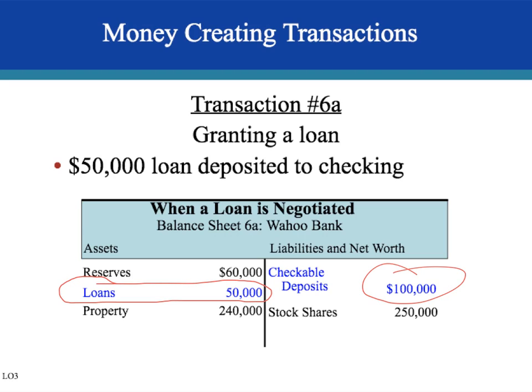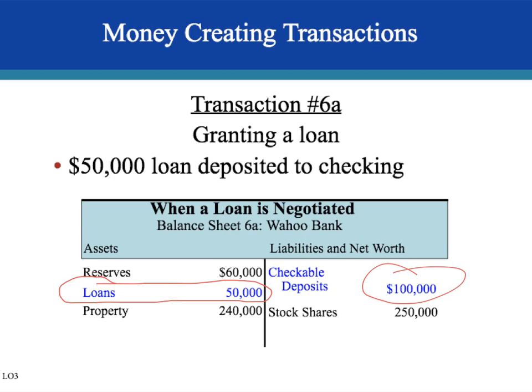If you look at the previous slide, checkable deposits were $50,000, and there was no loan category. Now we can see that the liabilities column increased by $50,000 and the assets column increased by $50,000. In essence, money was created. The bank just created money.